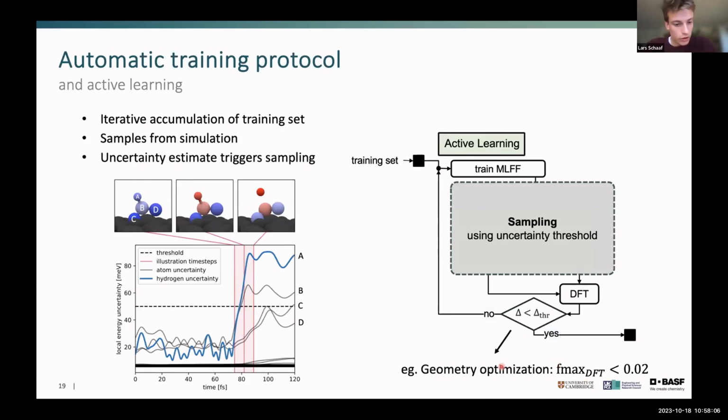In the case of geometry optimization to get accurate adsorption energies, for example, we can just check whether the sampled configuration from our machine learning method is actually a DFT minimum. So if the maximum force on our DFT evaluation of the sampled configuration is below a given threshold, then we can be sure that our machine learning method has actually learned some relevant adsorption structures.